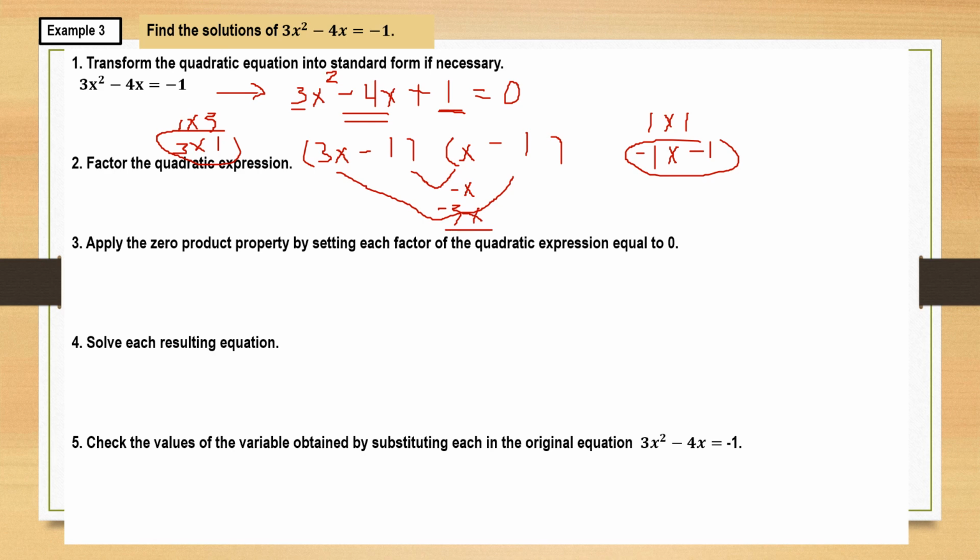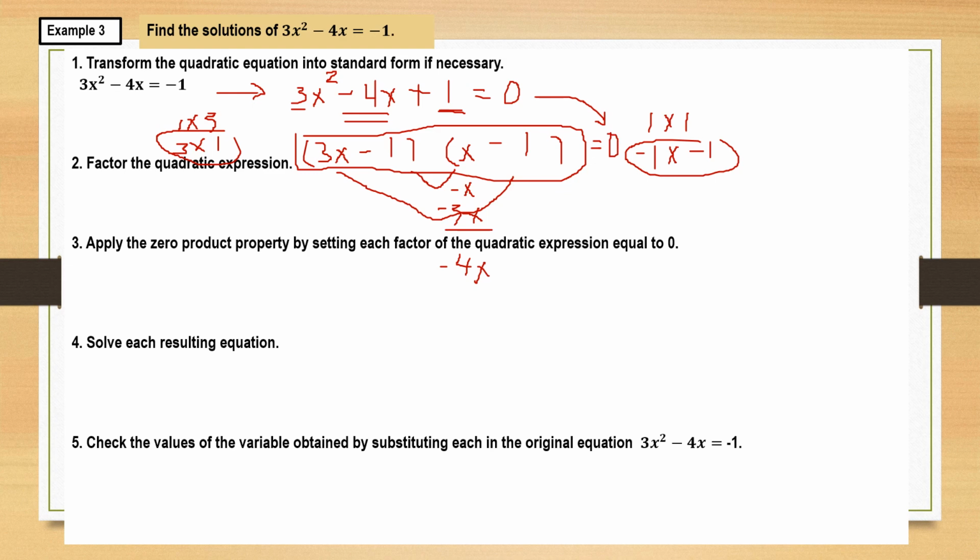When added, it will give us negative 4x, which is equal to the middle term. So therefore, these are the factors of the given trinomial. Don't forget to bring down equal to 0.